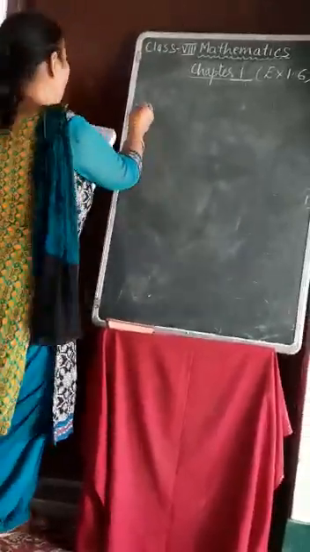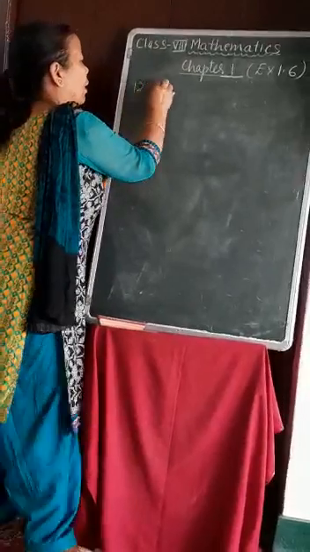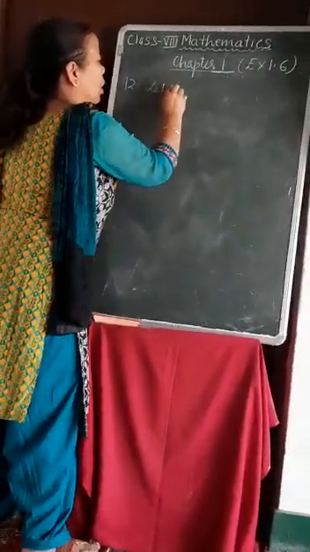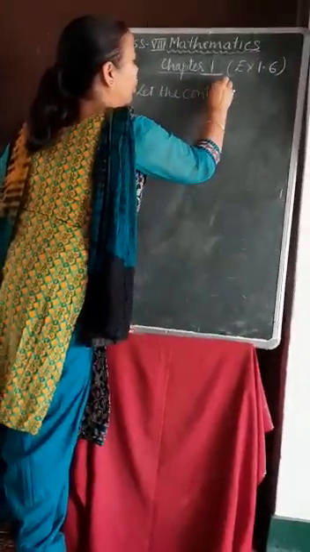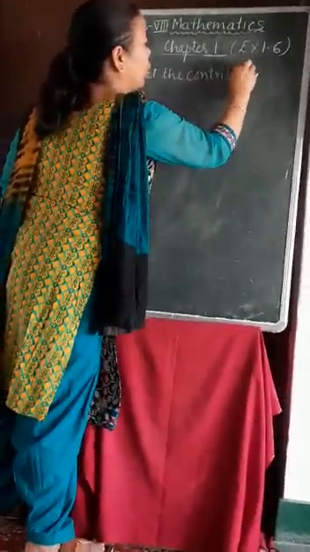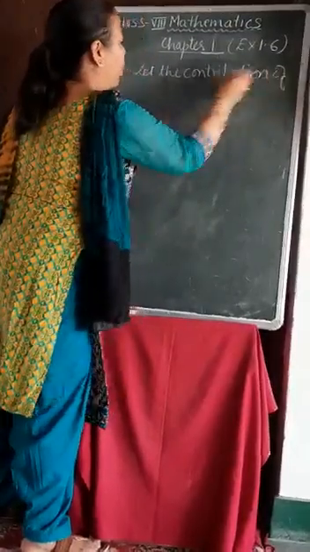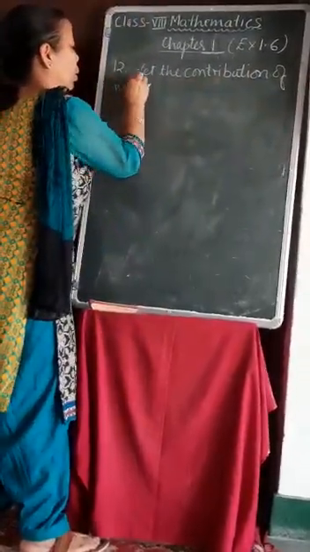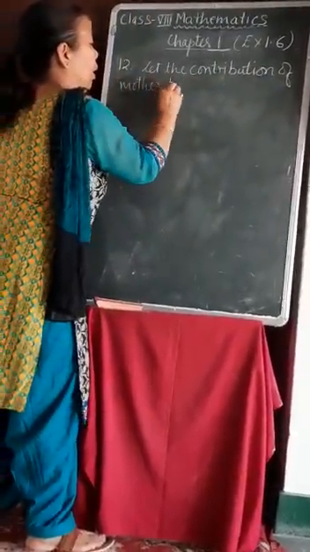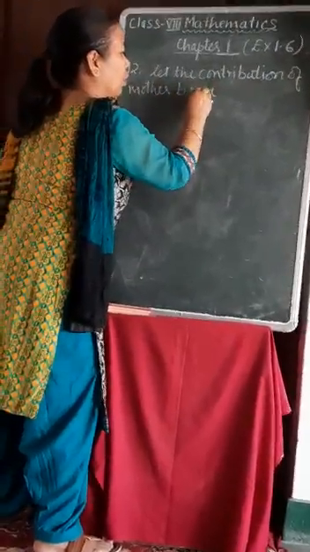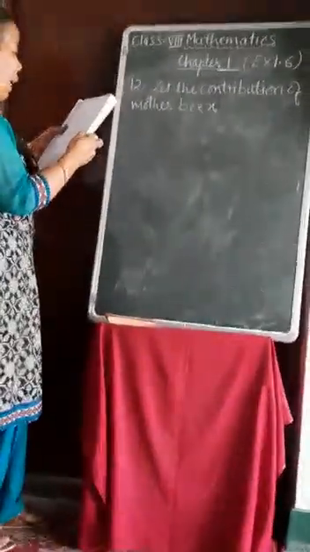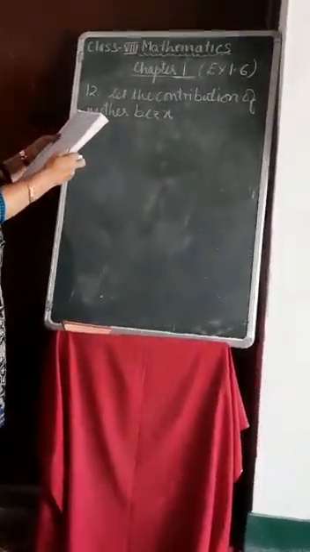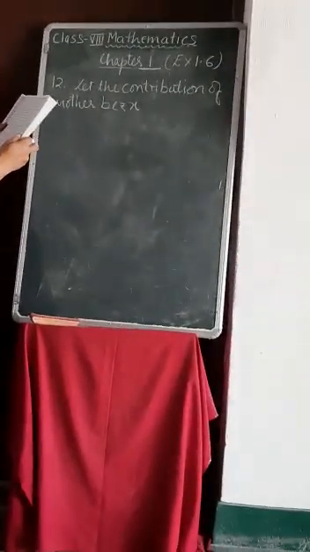So here we will take, let the contribution of mother be X rupees. The contribution of mother is X because the elder son's contribution is 3/8 of his mother and the younger son's contribution is half of his mother's share.